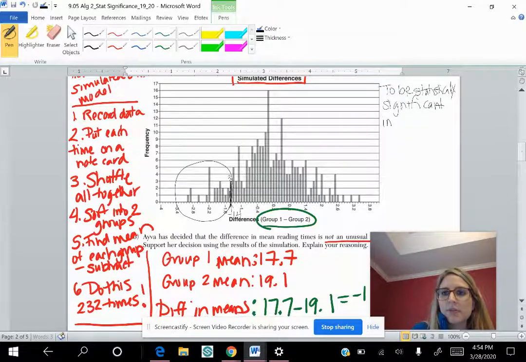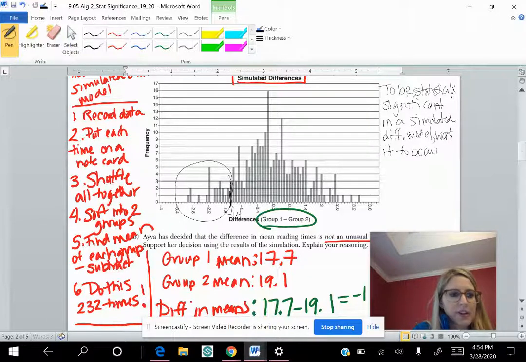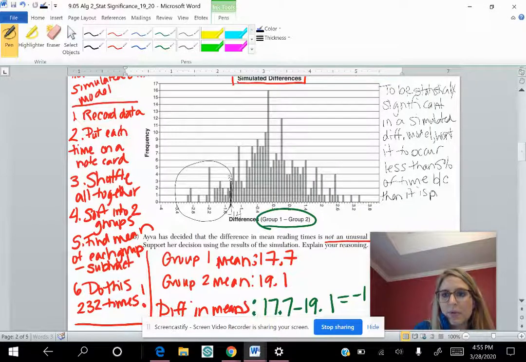In a simulated difference model, you want it to occur less than 5% of the time, because then it is probably not just due to chance, your outcome.